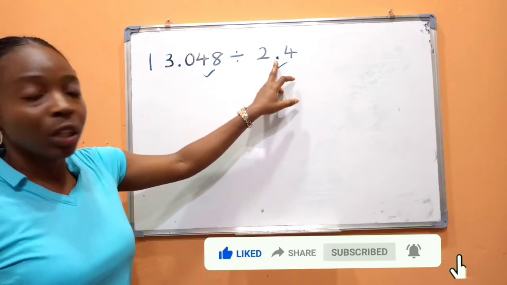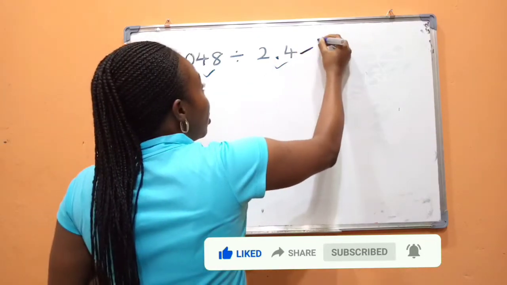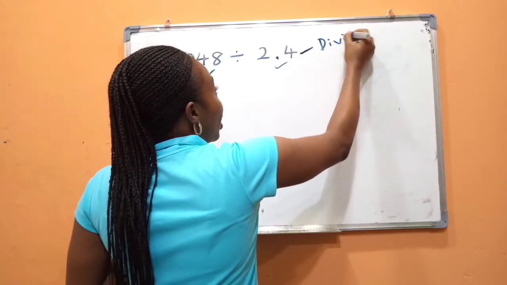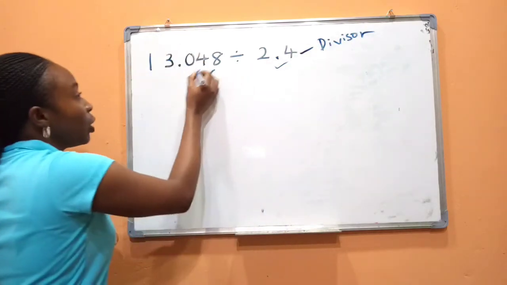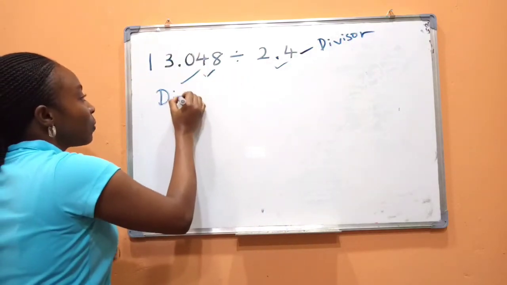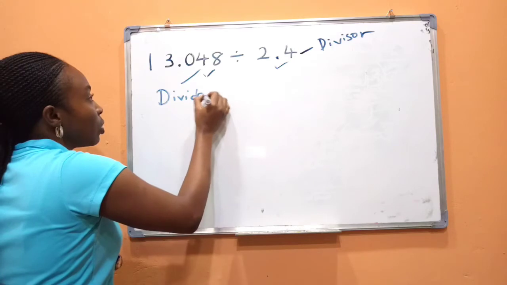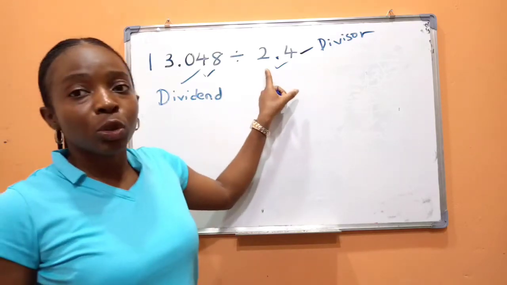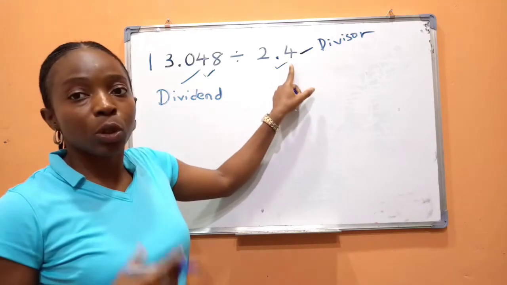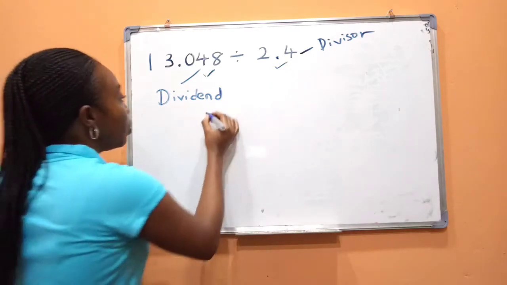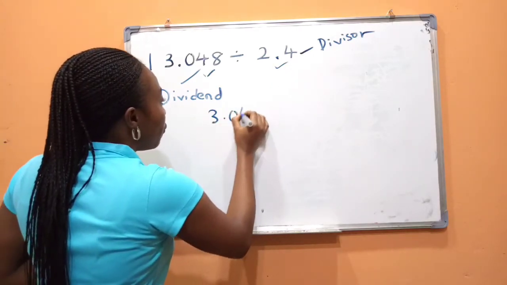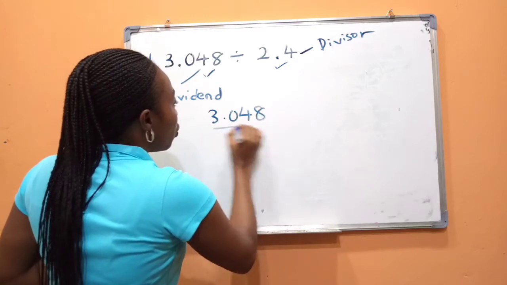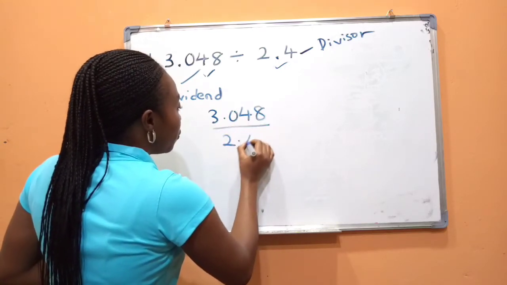Now, the first step in dividing decimals by decimals is to first of all get rid of this point, okay? Now, this is called the divisor, and this is referred to as the dividend. So the first thing you want to do is to convert this divisor to a whole number. So in doing that, we're going to have 3.048 over 2.4.